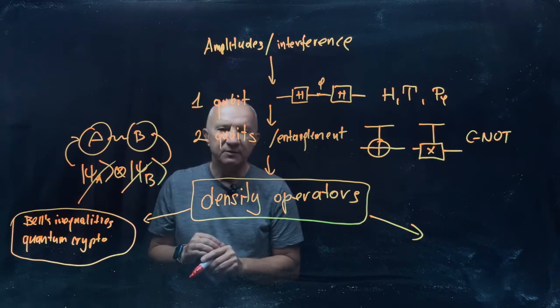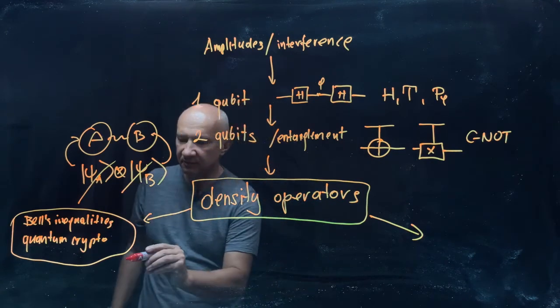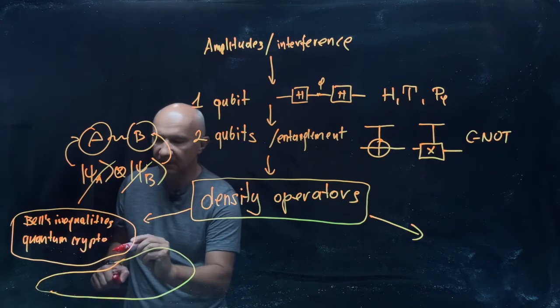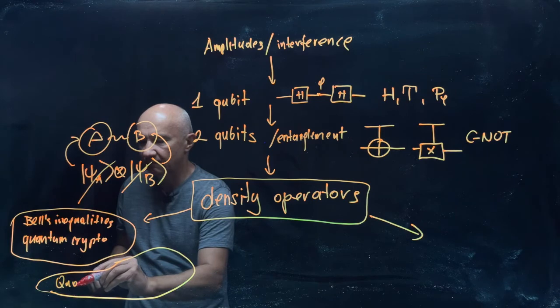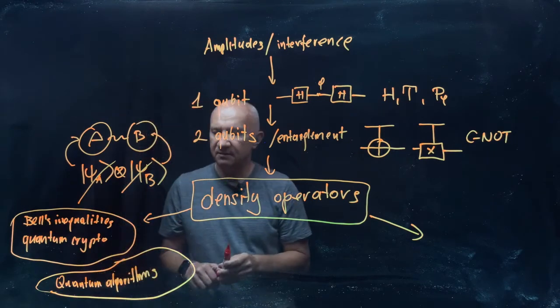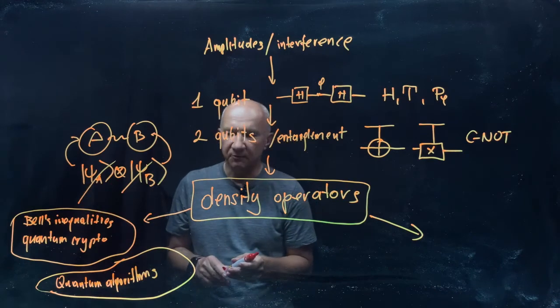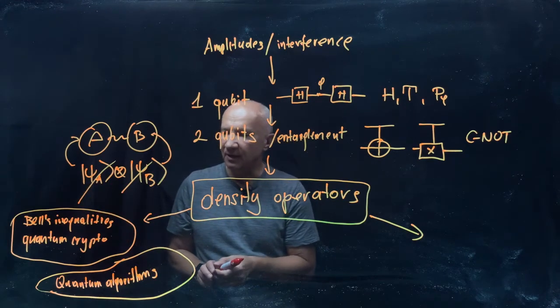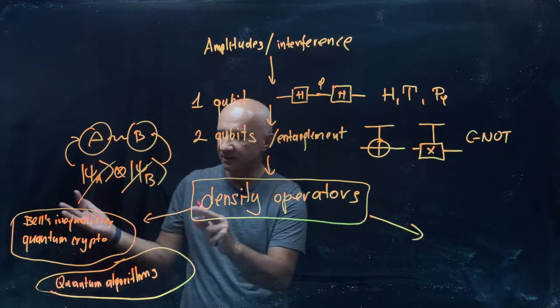But if we want to go further and talk about quantum computation, that's going to be the next topic. We'll talk about quantum algorithms. That requires many more entangled qubits. But at some point, obviously, you will be asking questions. Oh, that's wonderful, that's great.